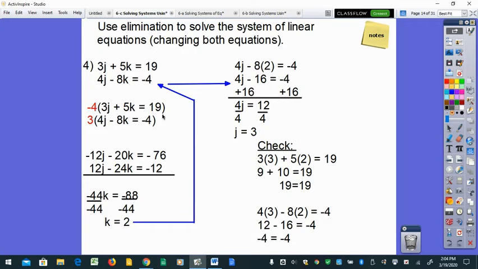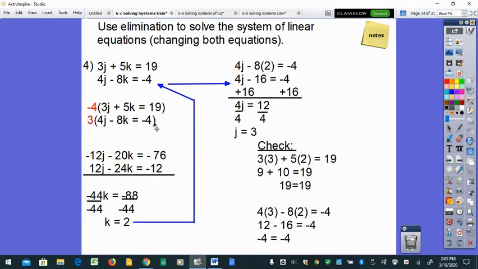And -4 times 19 is -76. The bottom equation is going to be multiplied by a different number. So when I take 3 times 4j, I get 12j. 3 times that -8k is -24k. And 3 times -4 is -12.